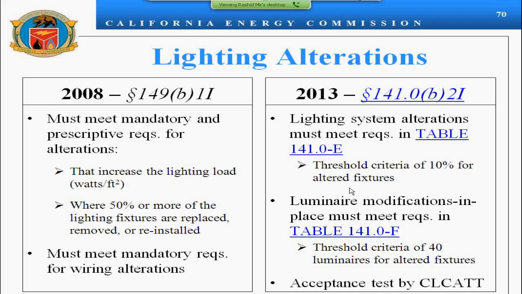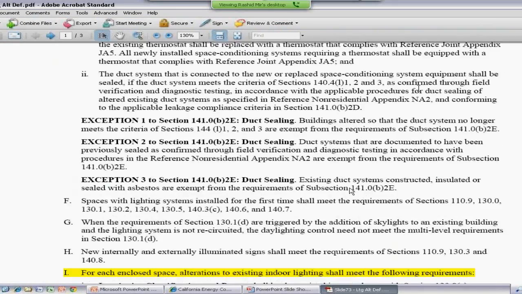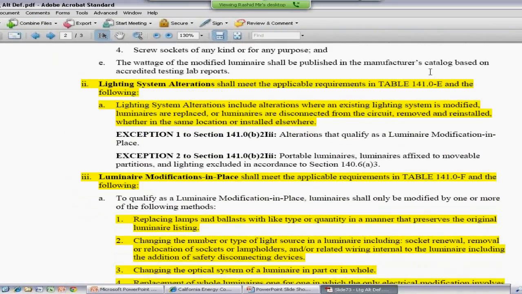And essentially what we say is that if you're replacing 10% or more of the altered fixtures, they have to meet the requirements. If you look in Section 141.0 B2I, which is included in the handout, we have the definitions, if you look on the second page, of what a lighting system alteration is versus a modification in place.